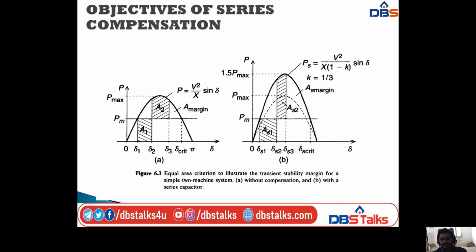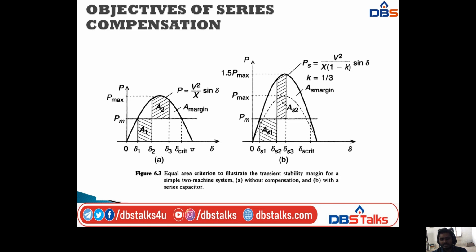In the first case, the curve is drawn for delta from 0 to pi, with Pm and the maximum power. Up to Pm we have the A1 area, from Pm to P maximum we have the A2 area, and finally we have the area margin.